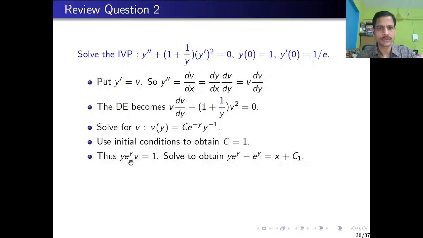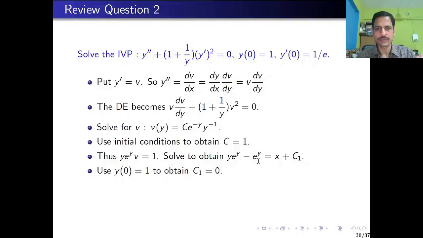Here you can substitute v is equal to y prime, and then this is again a separable ODE with dependent variable y. On solving this first order ODE, we get the solution to be y e raised to y minus e raised to y is equal to x plus c1. On substituting the initial value y0 is equal to 1 here, we get that c1 is equal to 0, because we substitute 0 here, 1 here, so e raised to 1, and here y is equal to 1.